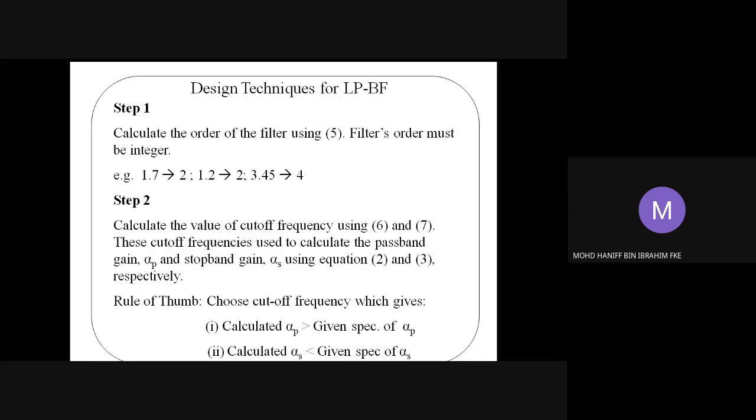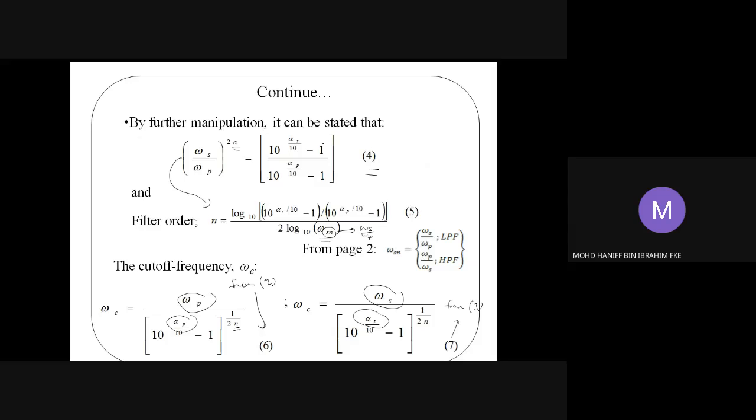Number 1 is to calculate the order of the filter by applying equation number 5, which is the equation that we have seen earlier. Equation 5 will give us the information about n.